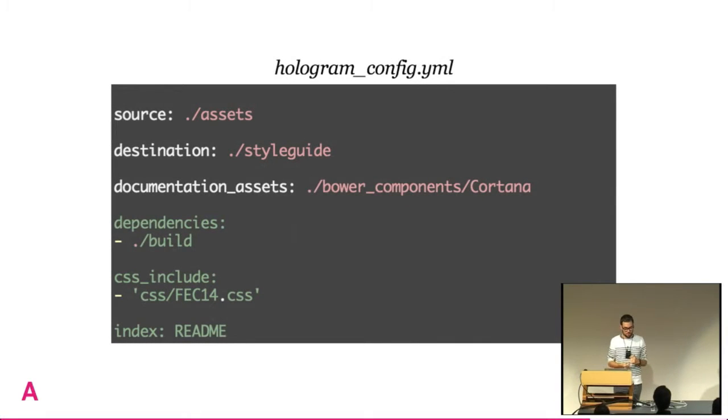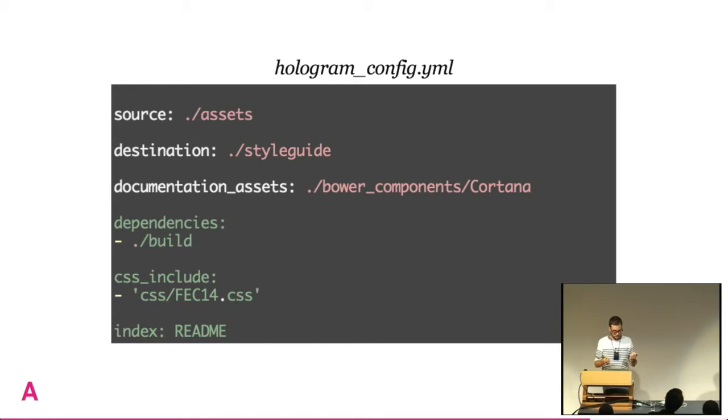You also have the Hologram configuration. And here you just see how the magic happens. It goes and watches the assets folder, which is the source. And every time you change anything, it builds a new static HTML website in the style guide folder. And it uses Cortana as the template.